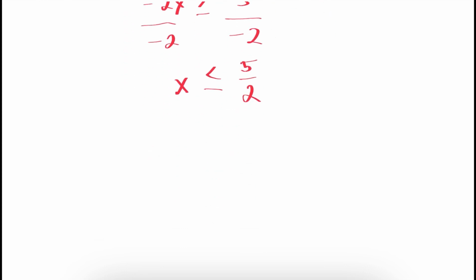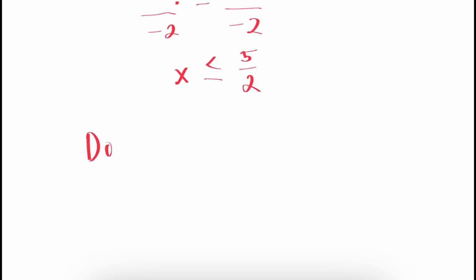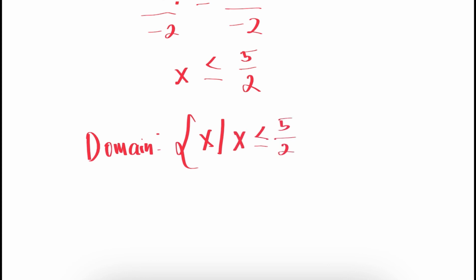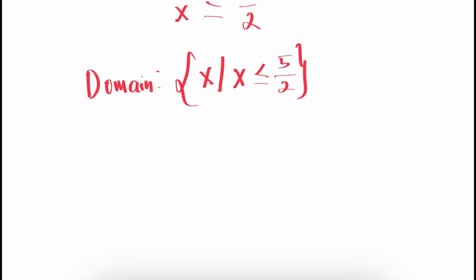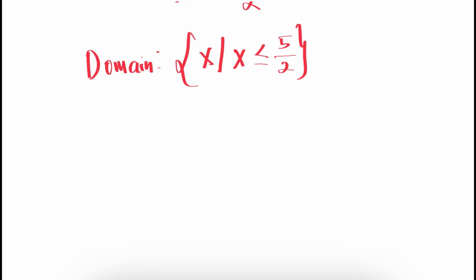Thus, the domain of the function is all values of x such that x is less than or equal to positive 5 halves. Okay, now to find the range, given the equation y is equal to the square root of 5 minus 2x, let's solve for x.